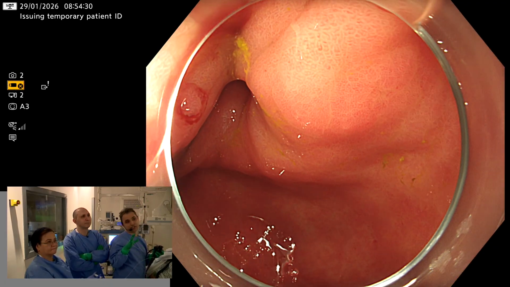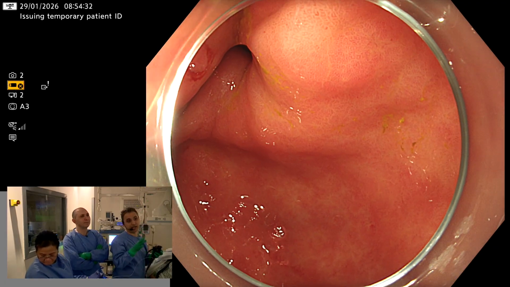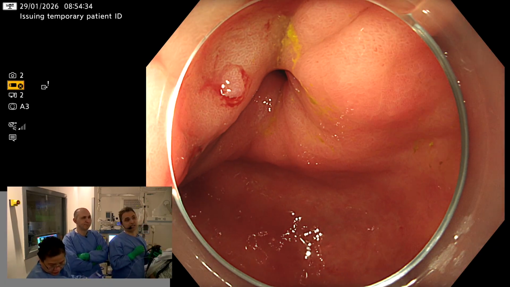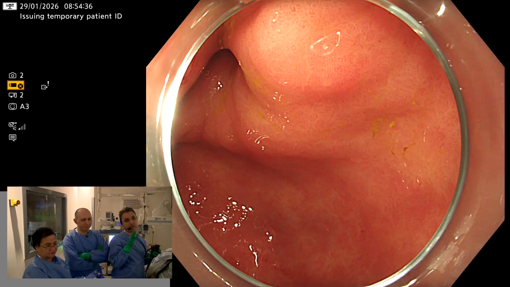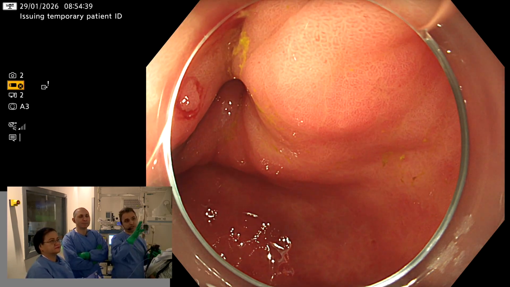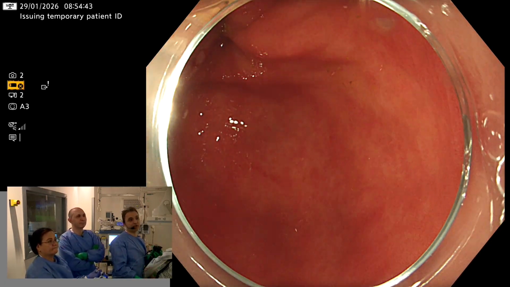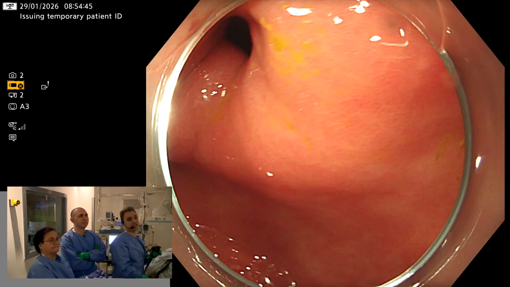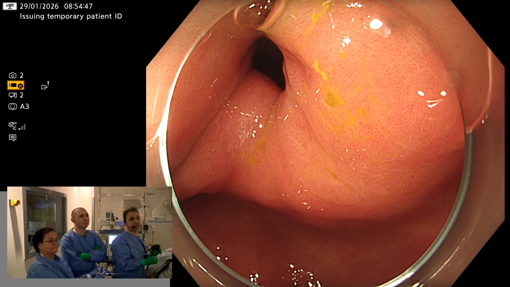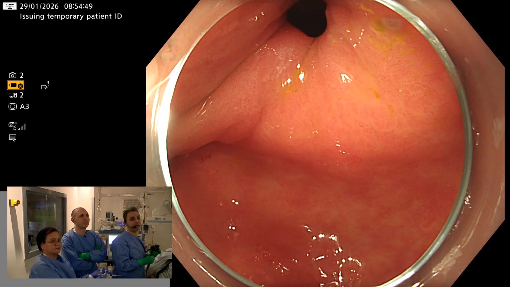So any lesion near the pyloric ring or the cardia, usually we start by mucosal incision from the pylorus side. And as you saw by my marking, I escaped marking the pyloric region because it's not necessary. Already the pyloric ring is well demarcated.